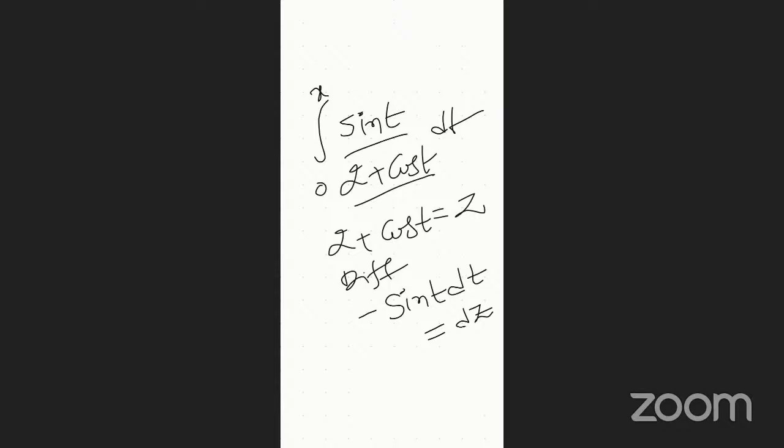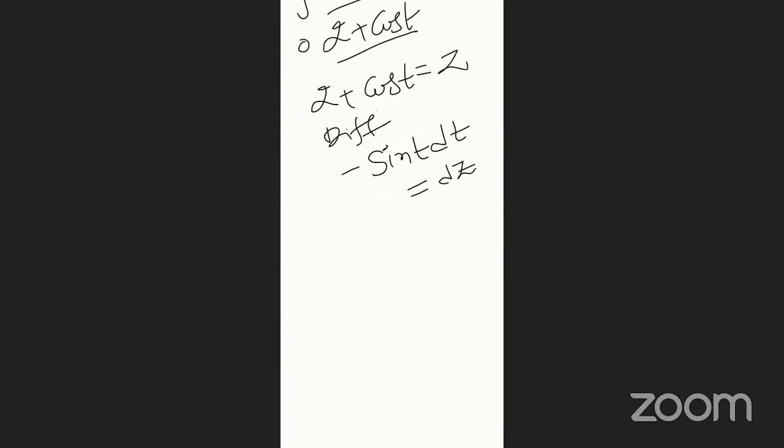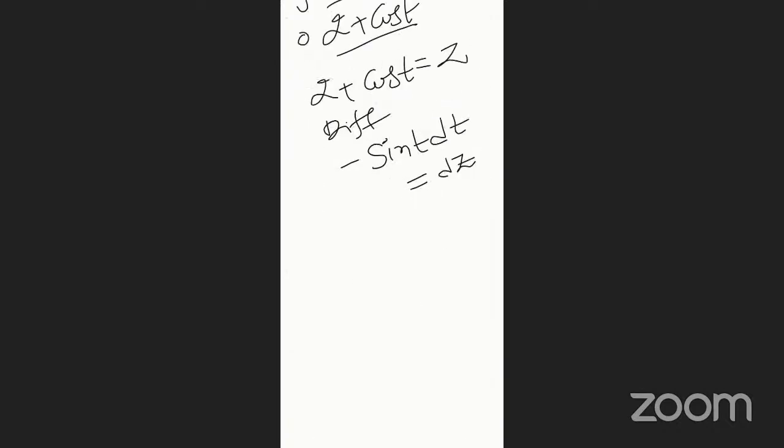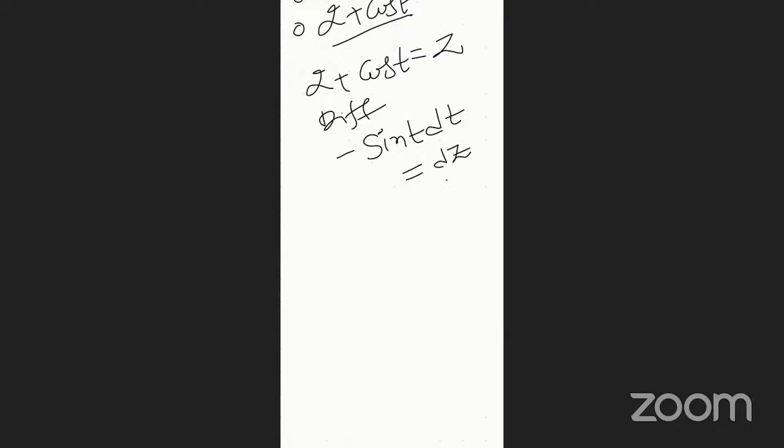Now substitute: in place of sin t dt we substitute minus dz, and 2 plus cos t we can write as z. So minus 1 by z into dz.